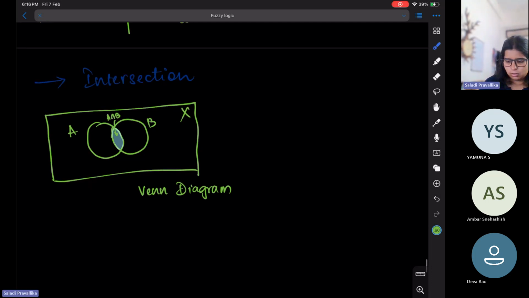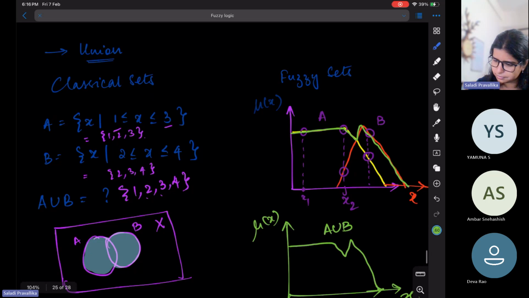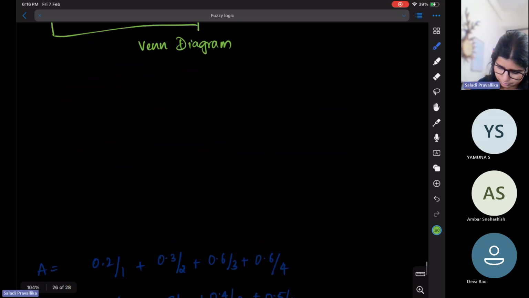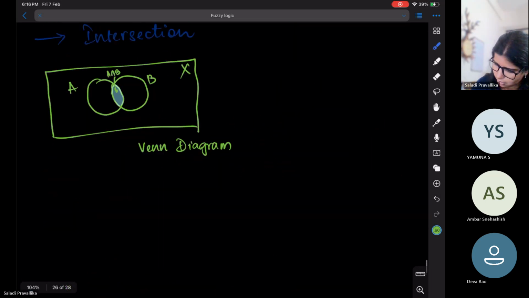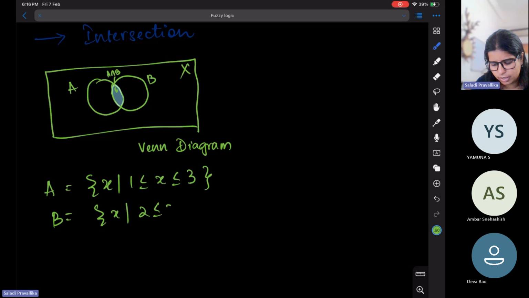Let us again take an example from the previous one. A equals x such that 1 is less than or equal to x less than or equal to 3, and B is such that 2 is less than or equal to x less than or equal to 4.